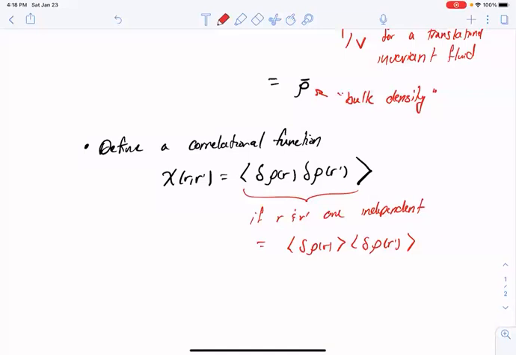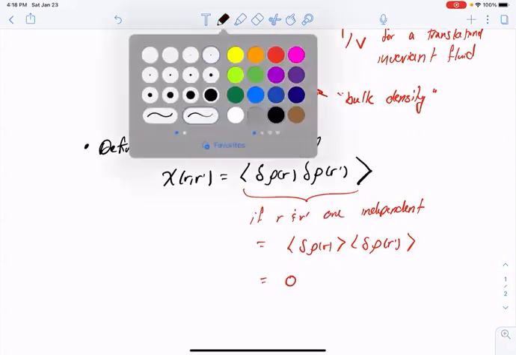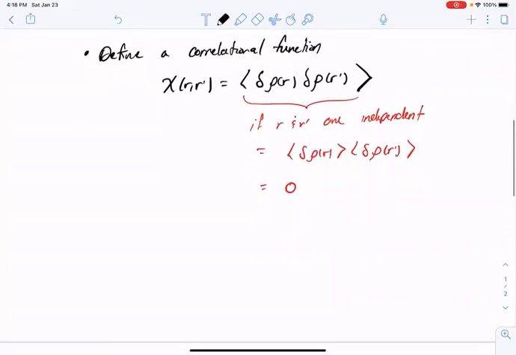And the average of a fluctuation there, the average deviation from the mean, is 0 by construction. Okay, so it contains information about the correlated nature of the density fluctuations in our fluid.